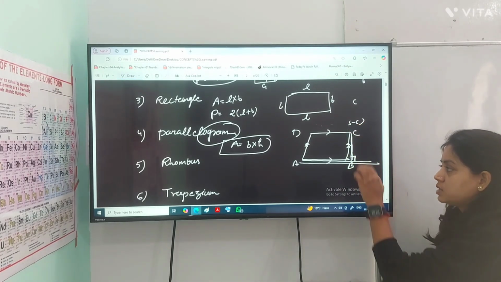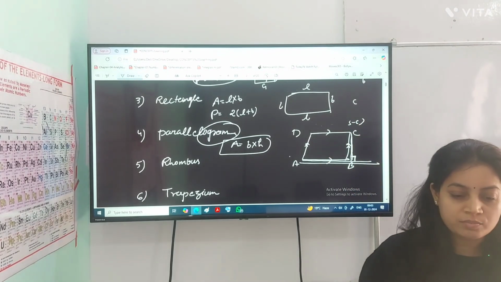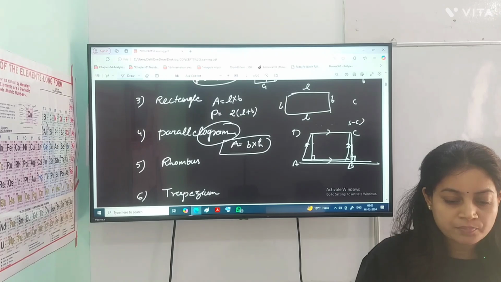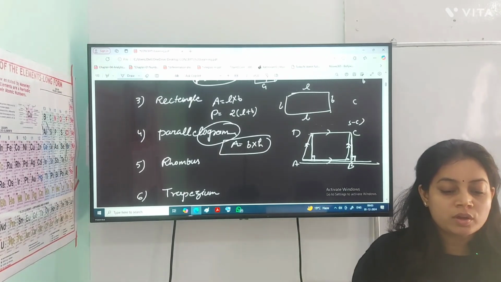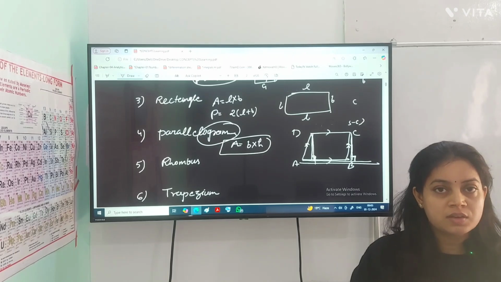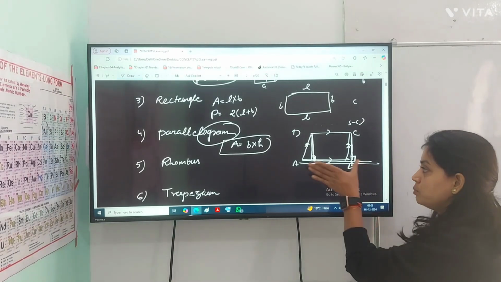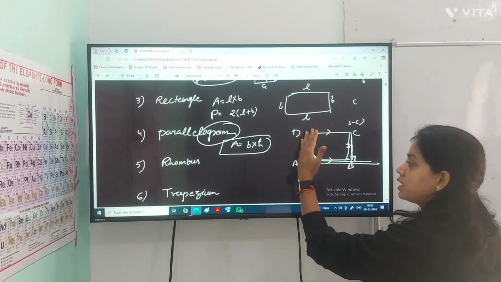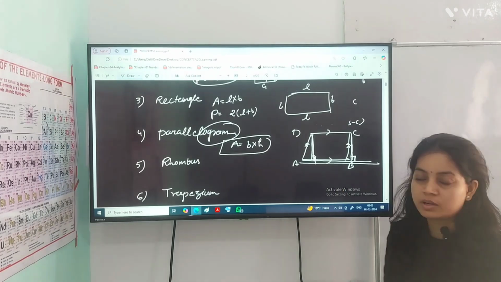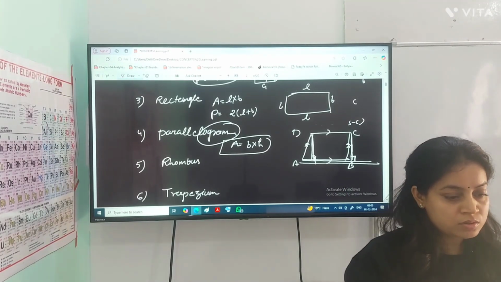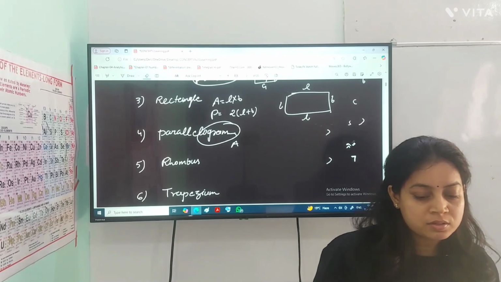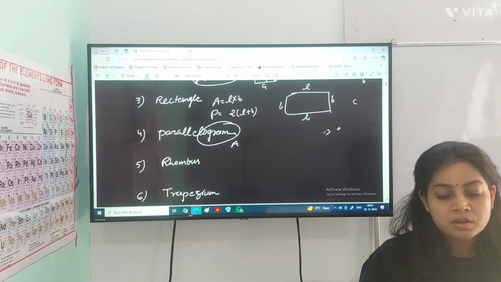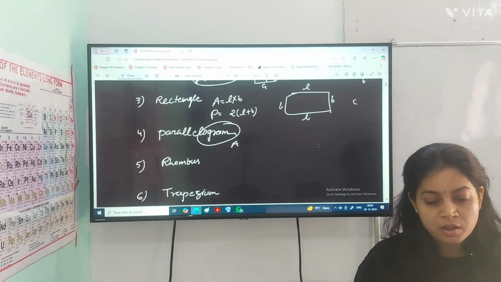Height is nothing but the altitude you draw from the vertex. If you take the height from this side, because 2 parallel sides have the same height, right? If the distance between the parallel sides is given, you can calculate it just from base into height. You can take this side as a base and again calculate the height, right? Simple formula is just base into height. And after that we have the rhombus.